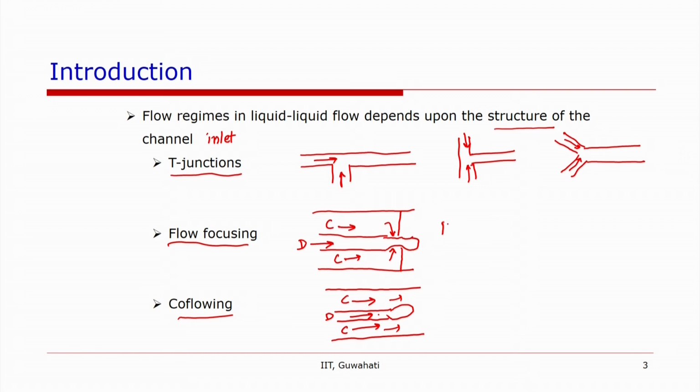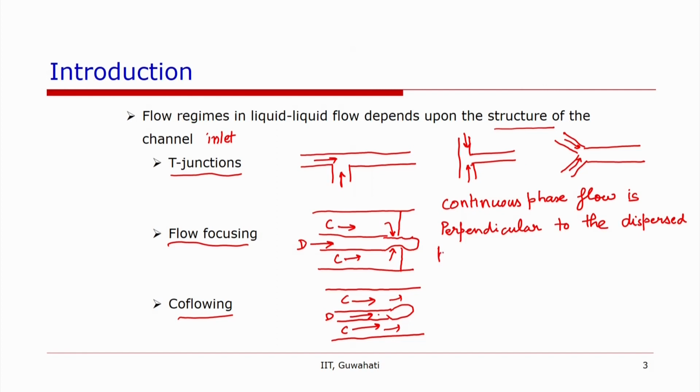So, in here we can say the continuous phase flow is perpendicular to the dispersed phase when the phases come in contact.